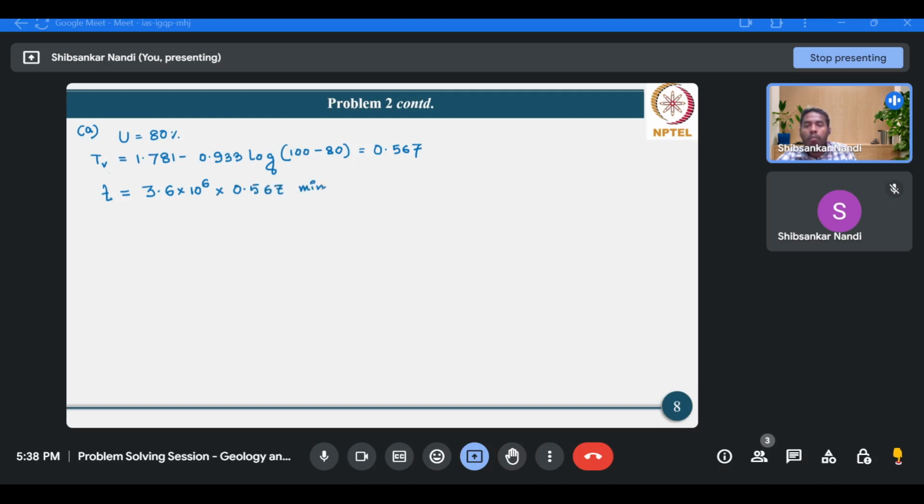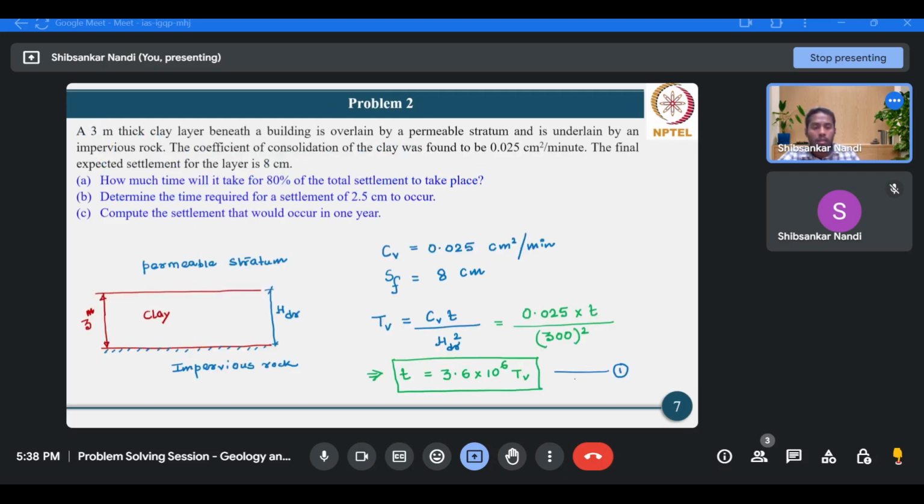And please be careful that whatever time we'll get from this equation 1, that will be in minutes.